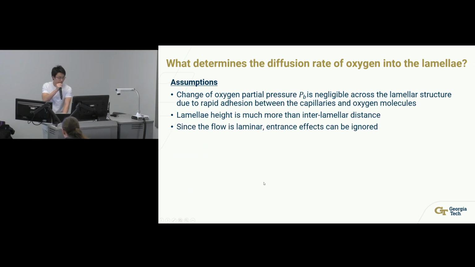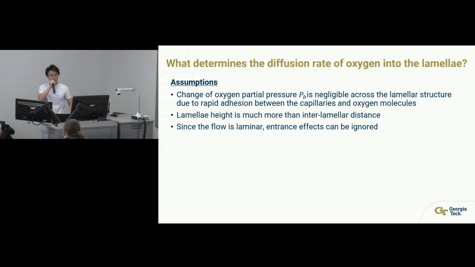in the gill. Here are some of the assumptions that we use when deriving the equations, which is that the change of oxygen partial pressure is negligible across the laminar structure, due to the rapid adhesion between the capillaries and the oxygen molecules.